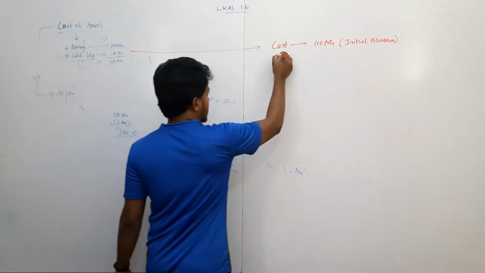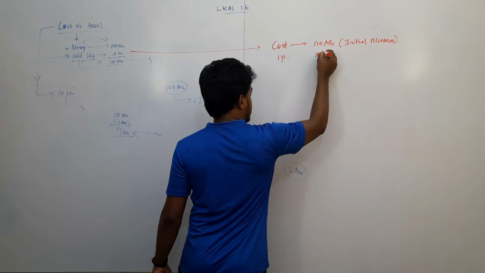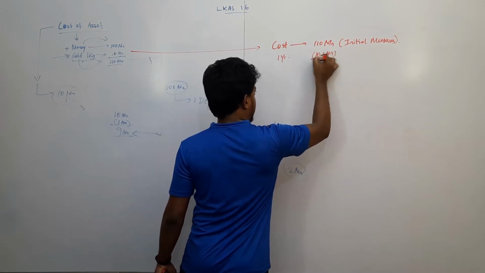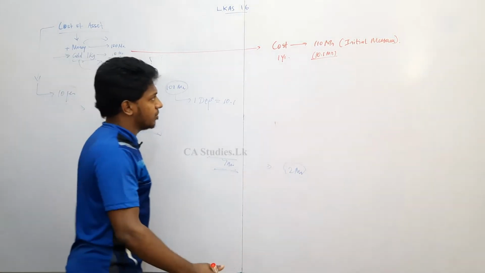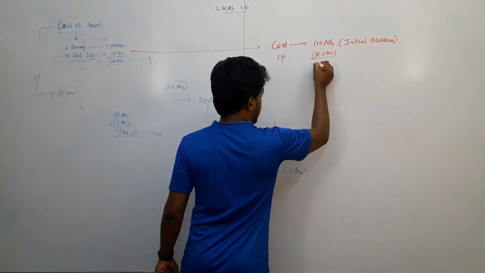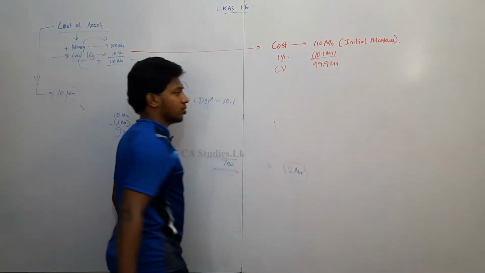The first year depreciation charge is 10.1 million. After 1 year, the value of the building will be 99.9 million. Is it correct? This is called carrying value.